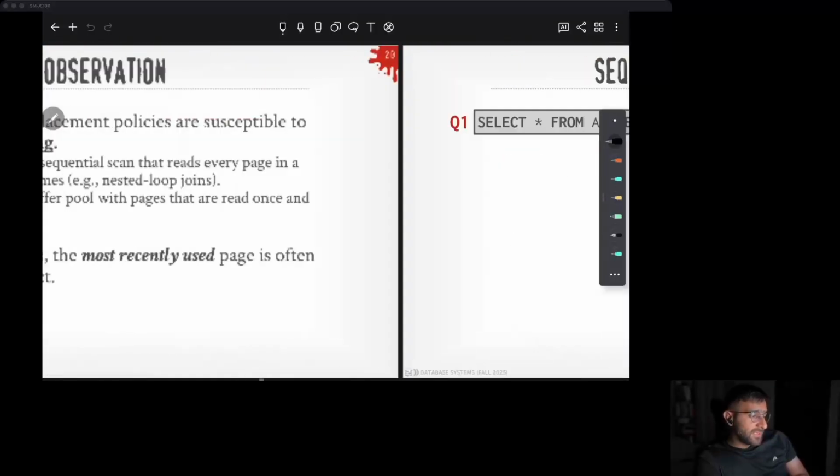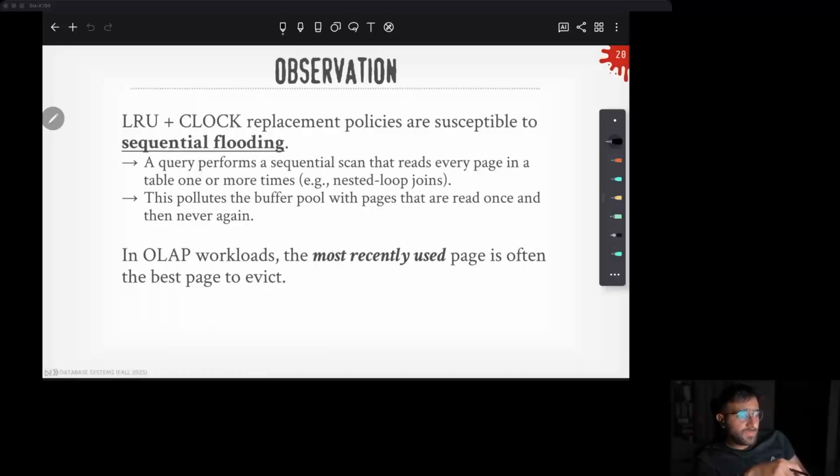Then we discussed that these two methods are susceptible to something known as sequential flooding. What is sequential flooding? But before we get to it, let's take a step back and think about these two algorithms. Clock and least recently used give you some estimate of when a page was last accessed, but not how many times it was accessed.